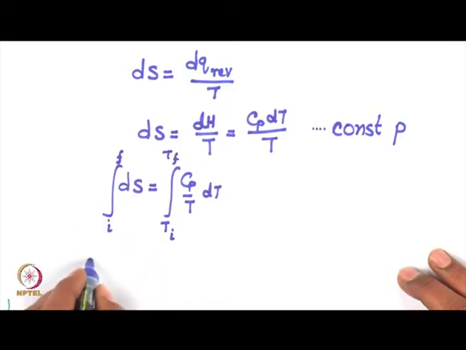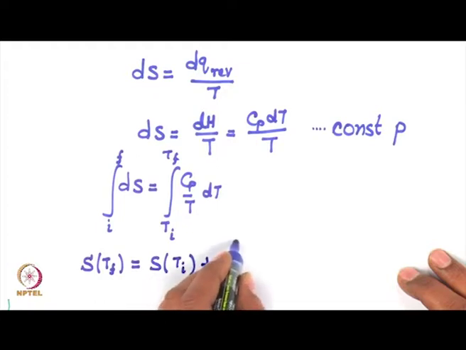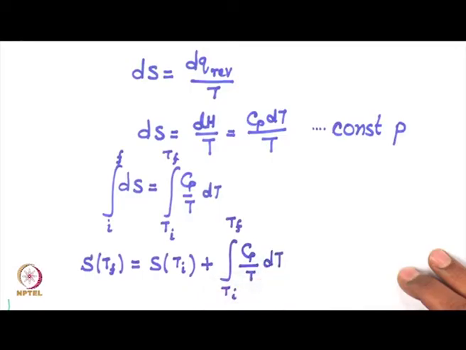I can write this as entropy at a final temperature is equal to entropy at initial temperature plus integration Ti to Tf Cp by T dT. Very important relation.